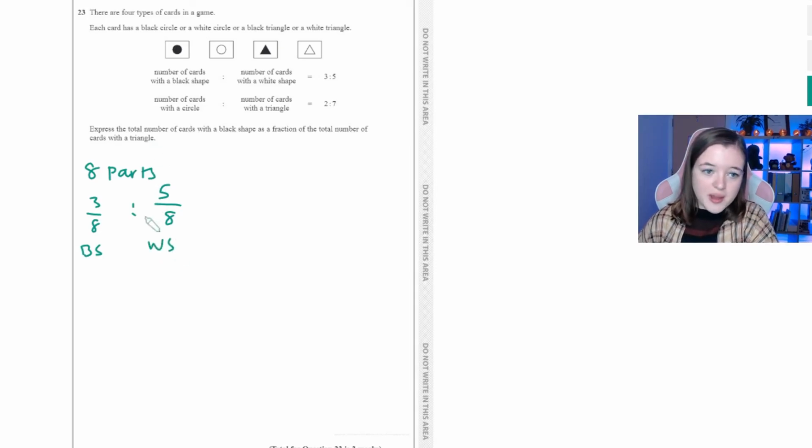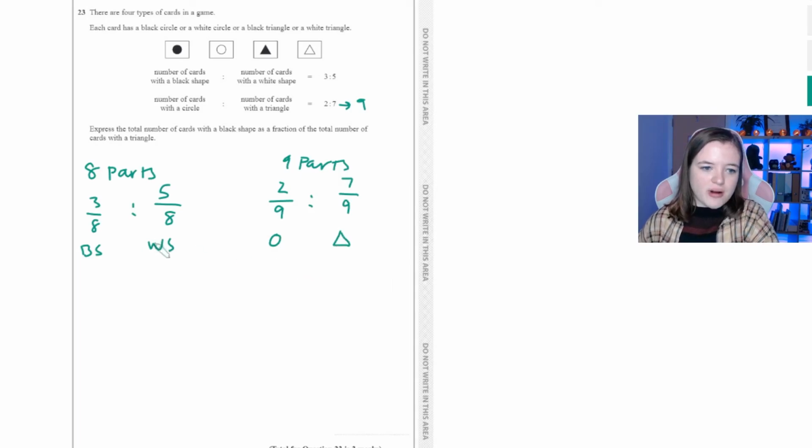Then we've got number of cards with a circle to number of cards with a triangle is 2 to 7. Same thing here, just instead we've got 9 parts for the second bit. So I've got 2 ninths, that's cards with a circle, to 7 ninths, that's cards with a triangle.